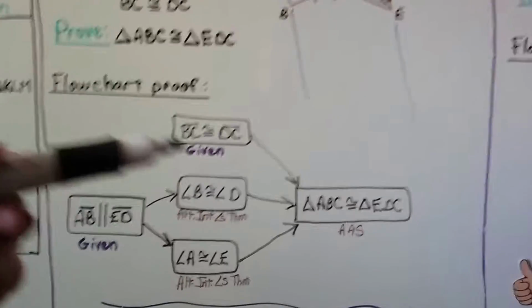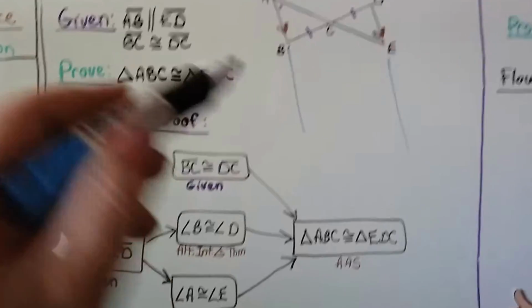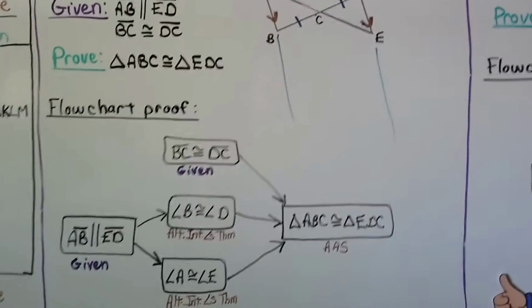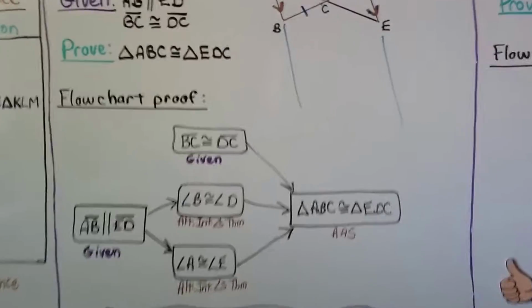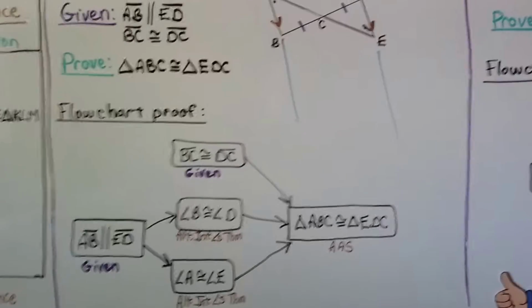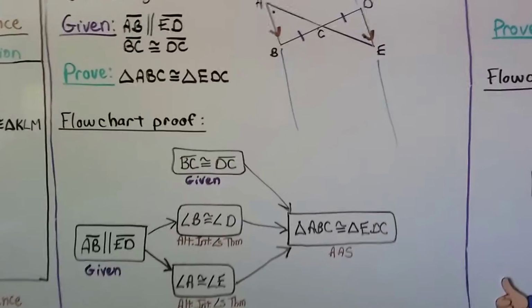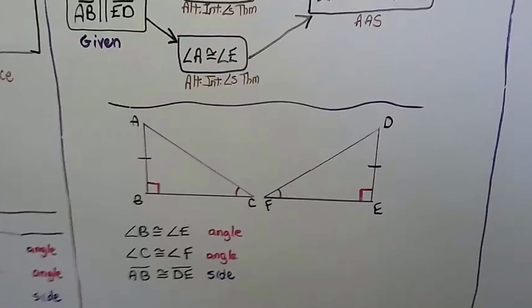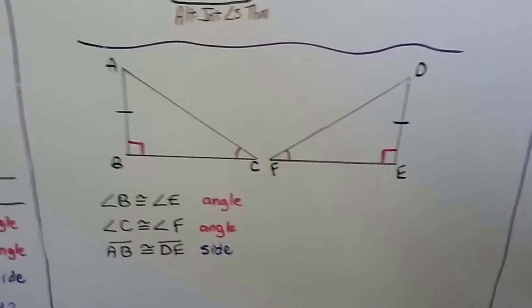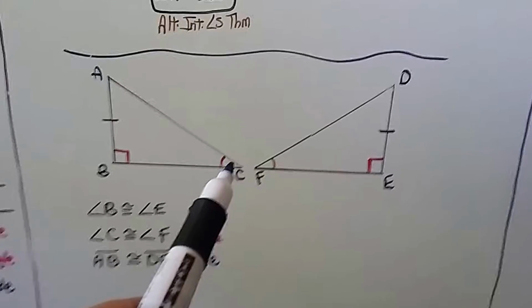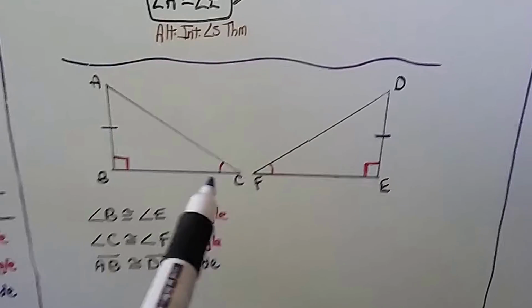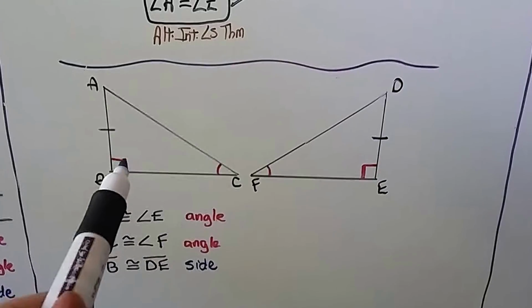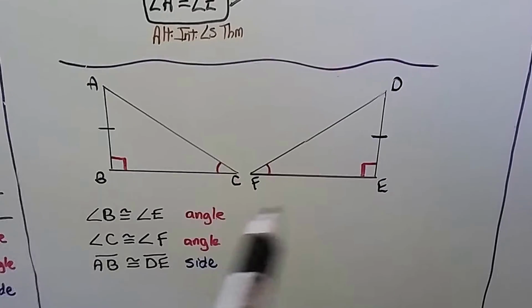Okay? And then we've got it given that segment BC is congruent to DC. This one is congruent to that one. And that brings us to triangle ABC is congruent to triangle EDC because of angle, angle, side. All right? So when we're dealing with angle, angle, side, we have an angle and a side. See? This is congruent to this. These are both right angles, so we know they're congruent.